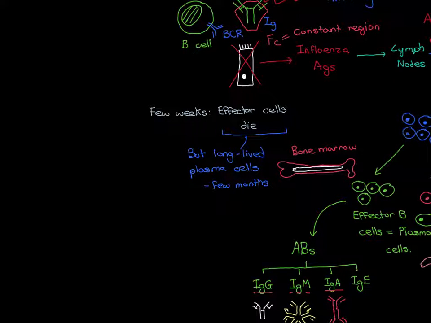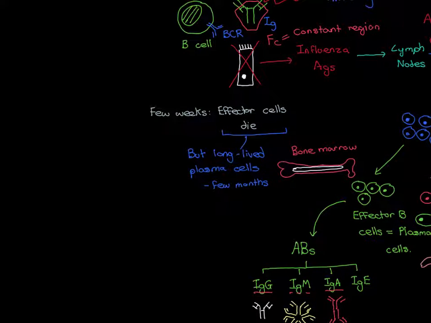Now, why is this significant then? Well, this is significant for when we want to talk about how you get long-lived immunity to influenza virus. So let's say we have been infected by a certain strain of influenza virus of one of the three species. We have launched a very powerful adaptive immune response to it. It has cleared the influenza virus from the respiratory tract.